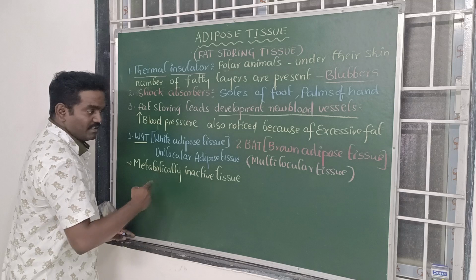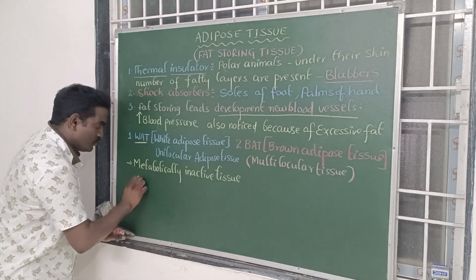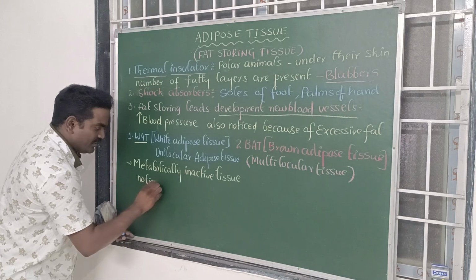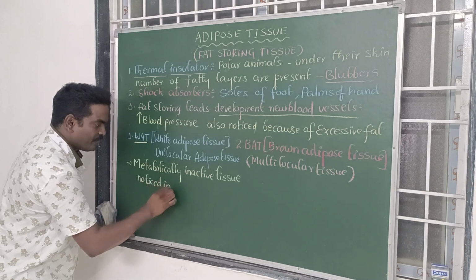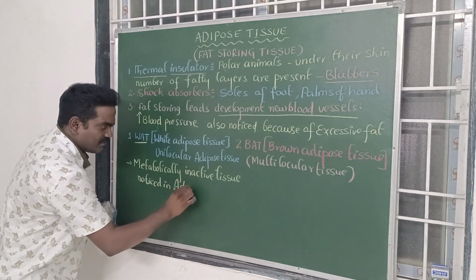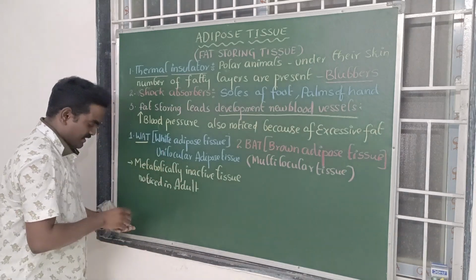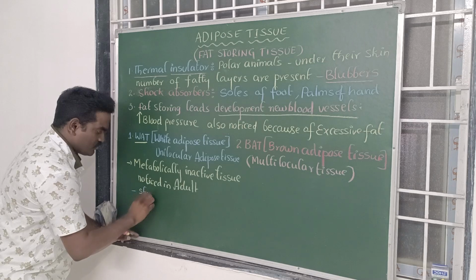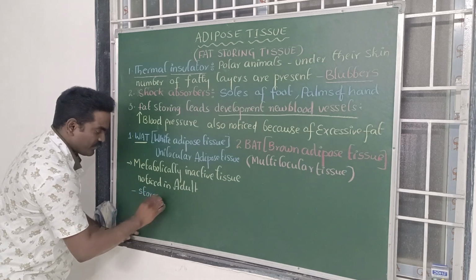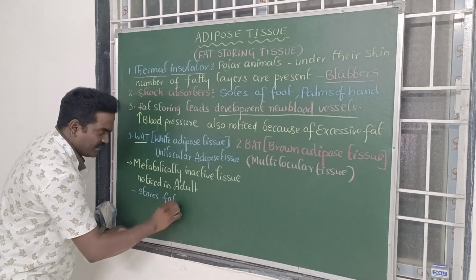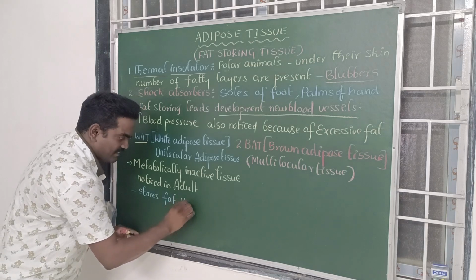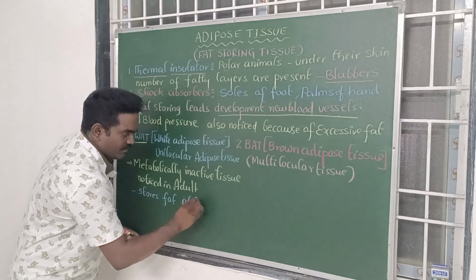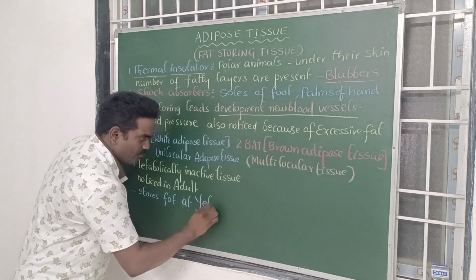So metabolically inactive tissue is noticed in adults. Its main functional role is that it stores fat at yellow bone marrow.